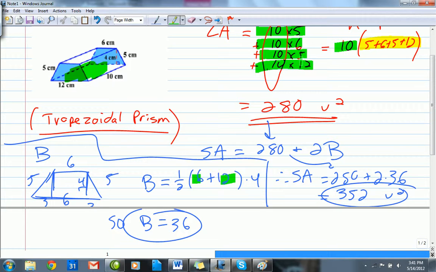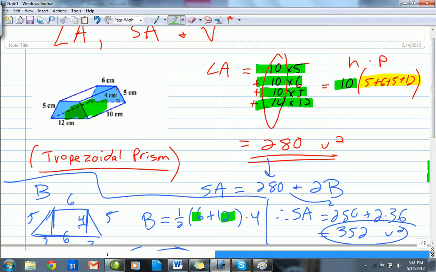Those 4 rectangular areas end up looking like the perimeter of the trapezoid base times the height. Or you can just piece it together like I did.